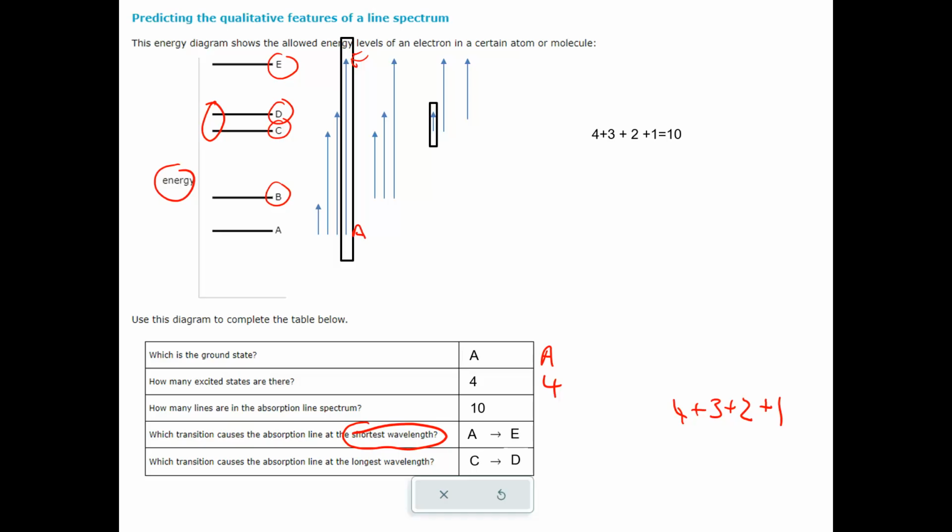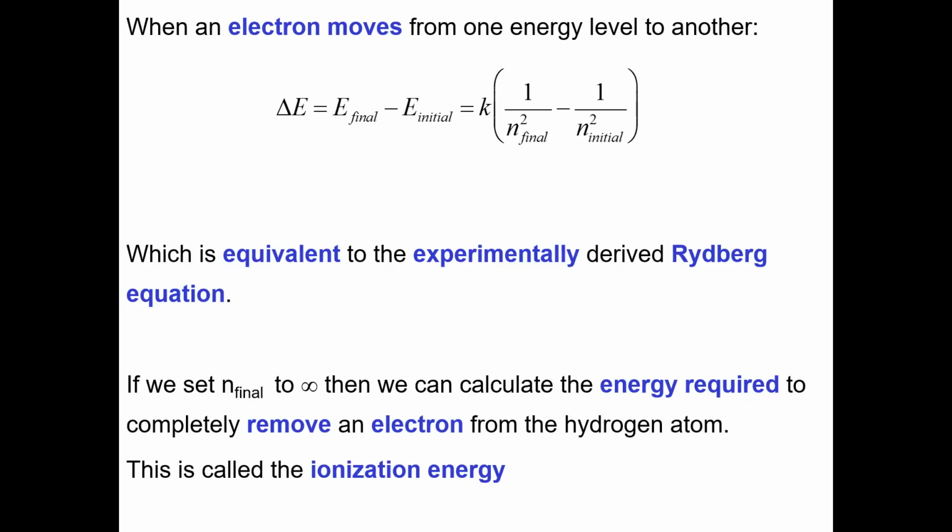So now we understand how electrons move between orbits according to the Bohr model. But what about the energy involved when it moves from one energy level to another? Well, we can use the Bohr model to calculate that.